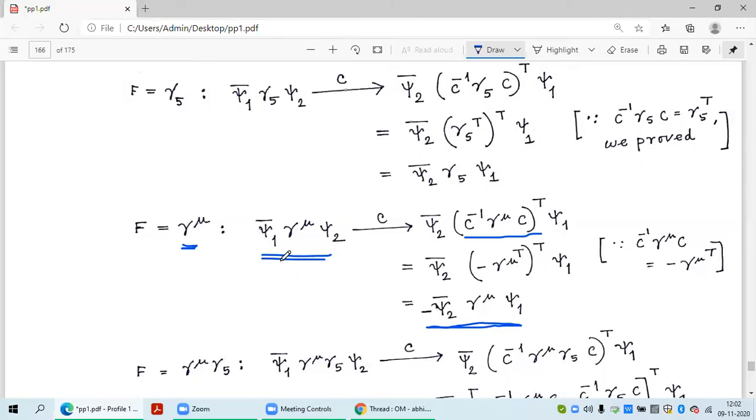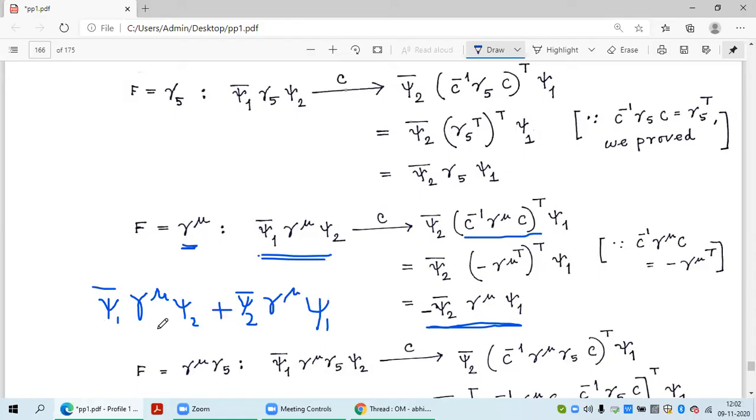So if you have to construct a Lagrangian out of these two, psi1 and psi2, involving gamma mu terms like this, then you have to take the difference of this. Can you tell me, psi1 gamma mu psi2, if you take the difference, will it remain invariant? If you take the sum, what will come?